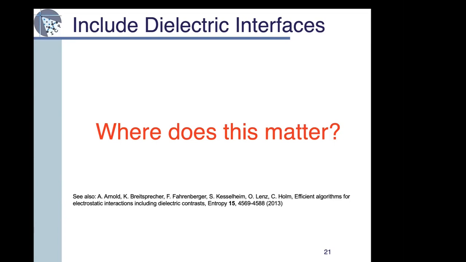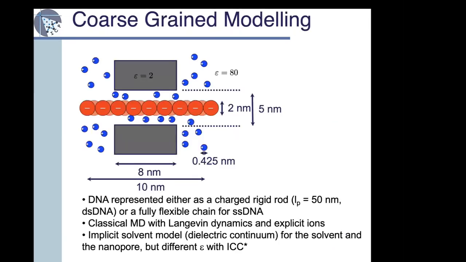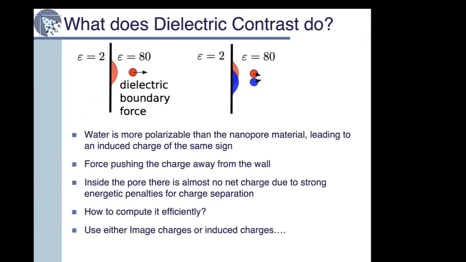And that leads to a dielectric interface. Now, as I said already, for these coarse-grained systems, you have epsilon of maybe 2 in here. So what does it lead to? It leads to a dielectric boundary force, which you know from electrostatics, because if you come from a high dielectric medium and you have a charge, it will induce, or if you solve the electrostatic problem, you will see that you have a repulsive boundary force, because you induce a charge on the other side.